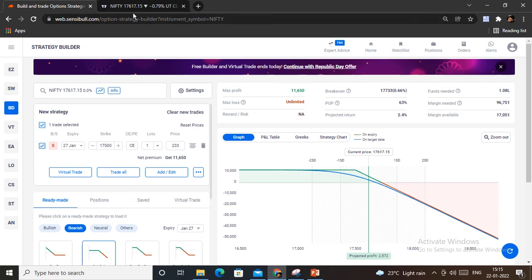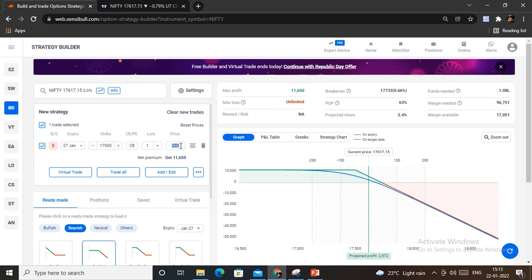It's spot price minus the strike price, which means the intrinsic value is right now 17,617 minus 17,500, which is 117 rupees. But what is the price of that option? The price is 233 rupees, which means the time value of that option is 116 rupees.